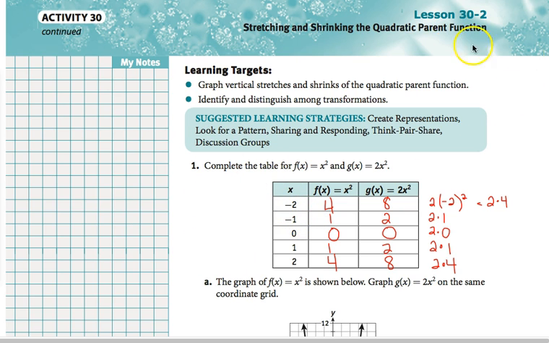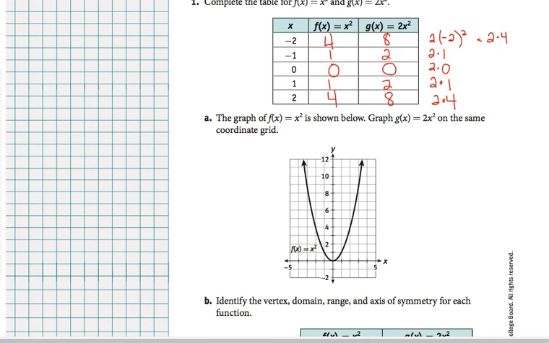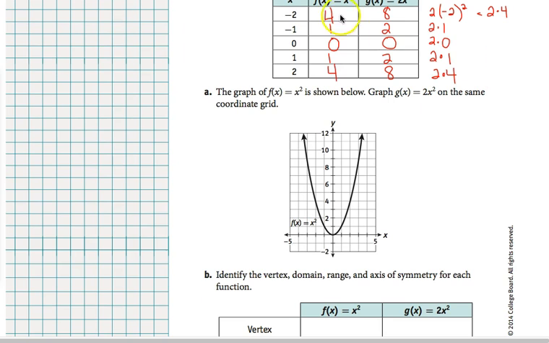This time in this lesson, they're not making you graph the parent function again every time. They've graphed the parent function for you, and we want to graph g of x on the same coordinate grid. So if we want to add our ordered pair points here, it looks like we're counting by ones on both axes, so -2 and then all the way up to 8.